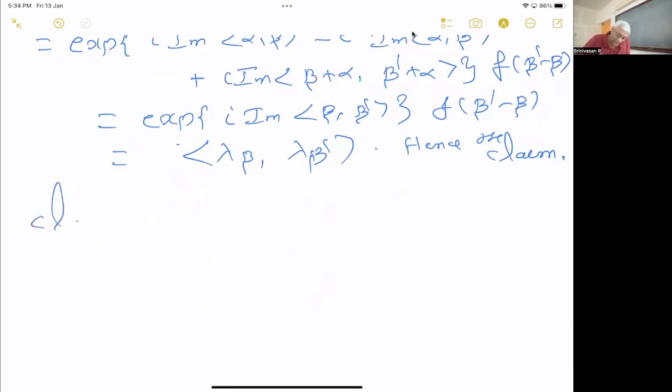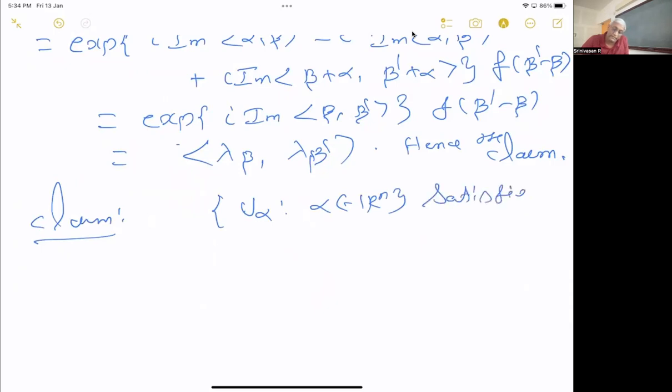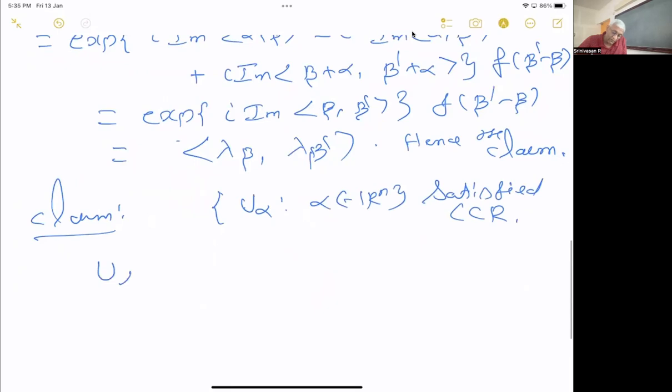So the next claim is that U alpha, alpha in Rn, satisfies the canonical commutation relation. We call it CCR, canonical commutation relation. So what do you have to verify? You have to verify how U alpha prime acts on some lambda beta.